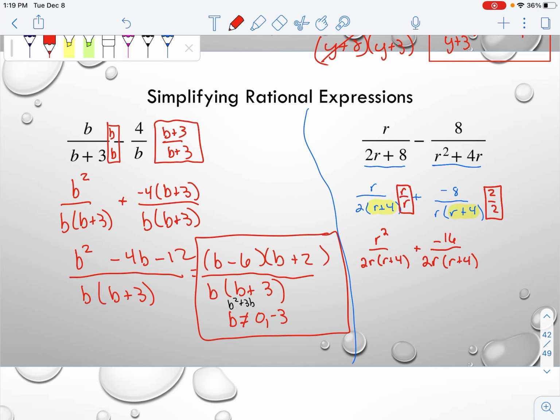All right, so I can squeeze my numerator together. R squared minus 16 over 2r times the quantity r plus 4.